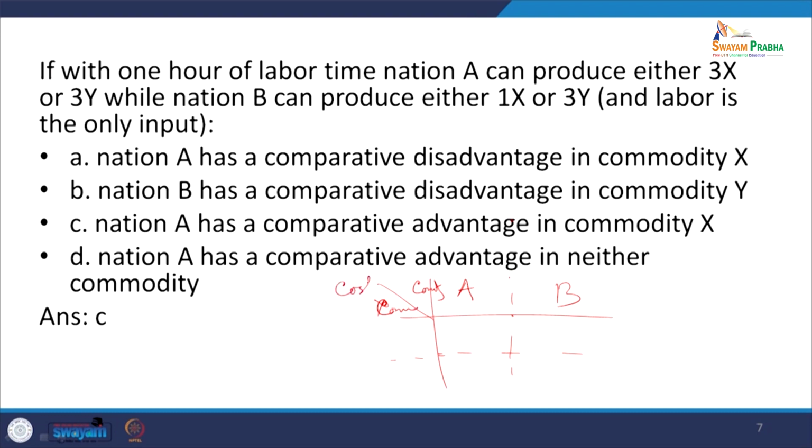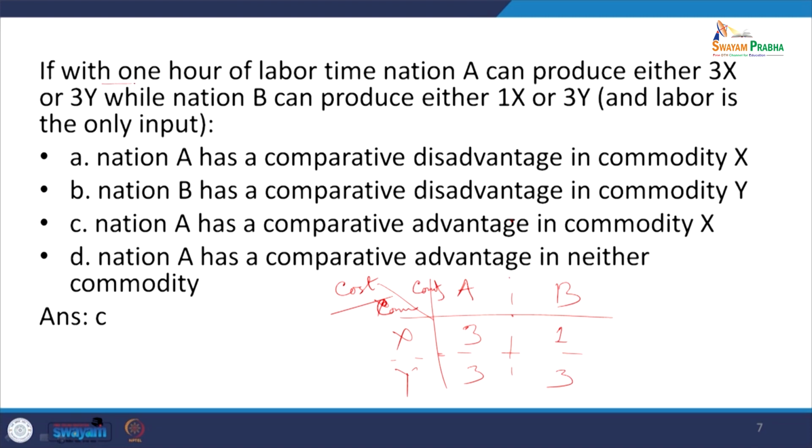Basically we are trying to define the cost. Nation A can produce 3x and 3y, while nation B produces 1x and 3y, with labor as the only input.